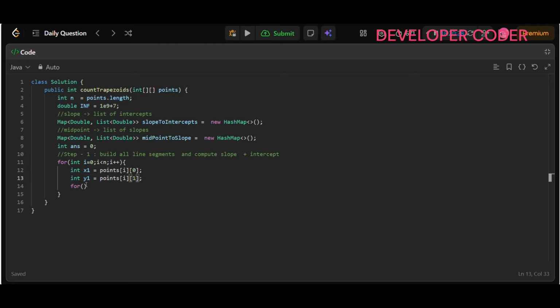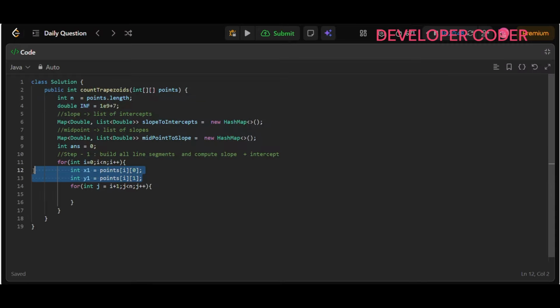Now here you have to run one more loop, right? So let's say int j is equal to i plus 1, j is less than n, j plus plus. Clear? And now again you have to select points, right?